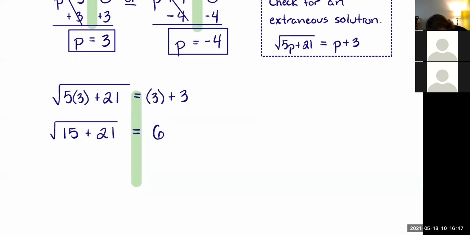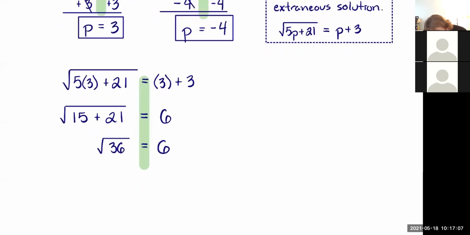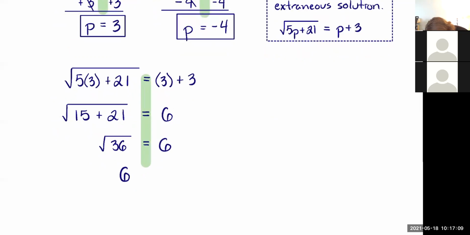On the left-hand side, what is 15 plus 21? 36. And what's the square root of 36? We get 6. So we end up getting that 6 equals 6. Is that true? Okay. So is 3 a solution? Yes.